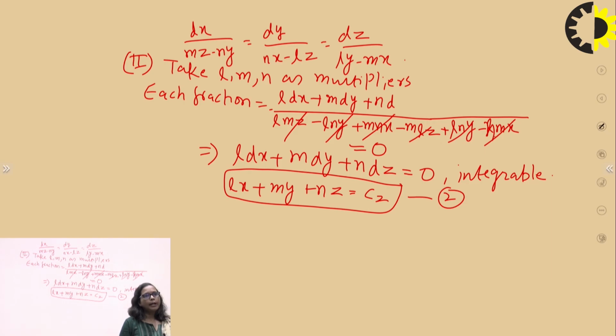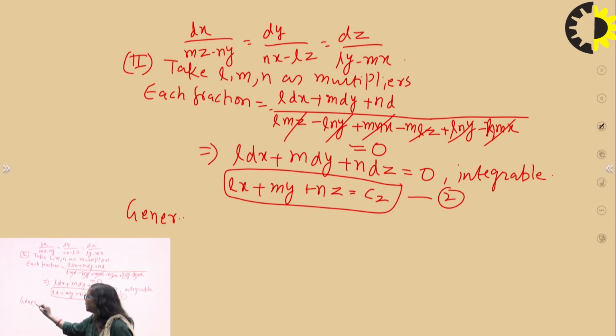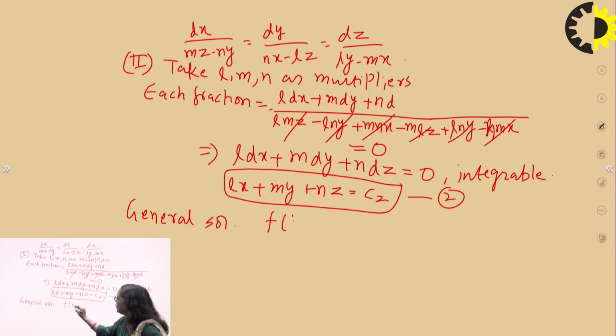So we need to find just two independent solutions. The first we have already found, and this is the second one. So the last step is to write down the general solution. The general solution is of the form f of u comma v equal to 0.